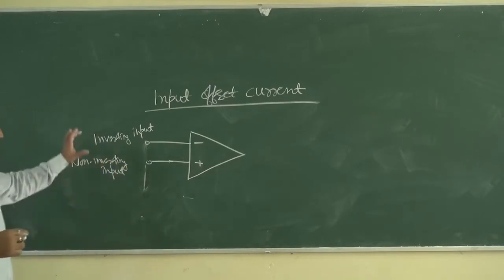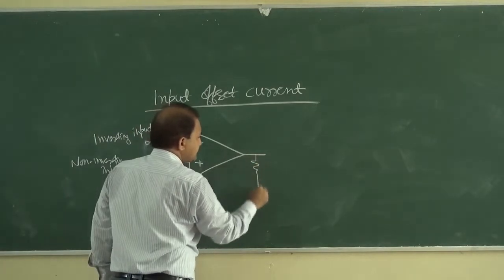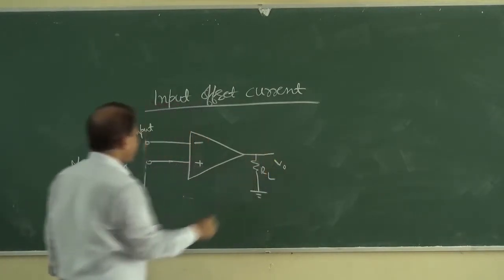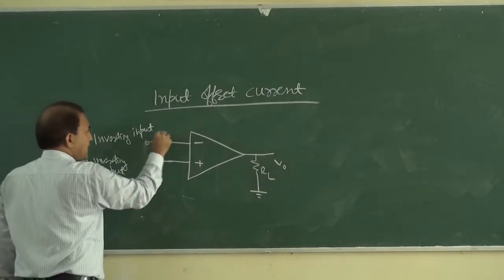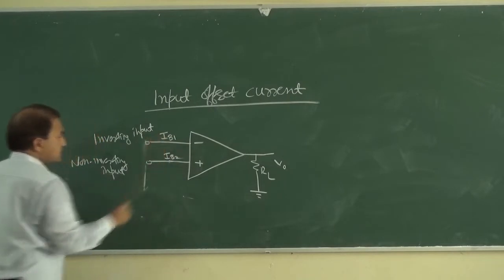Okay, two inputs are there. Suppose this is RL and this is V out. Say this is IB1 and this is IB2.